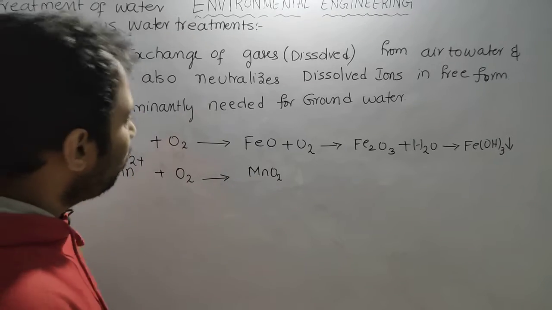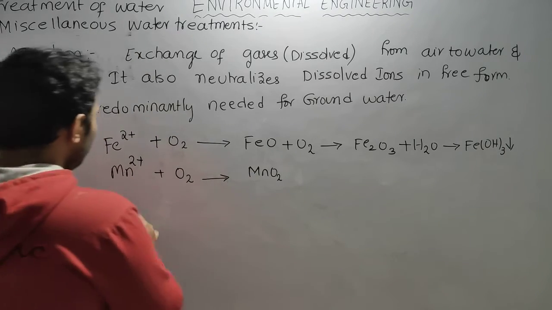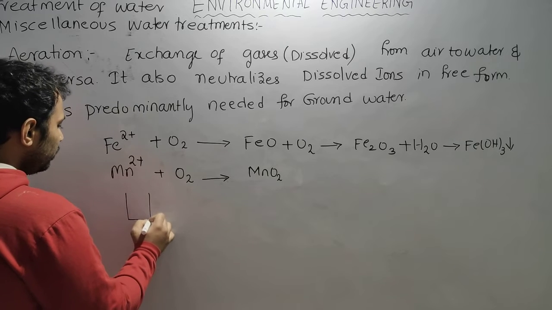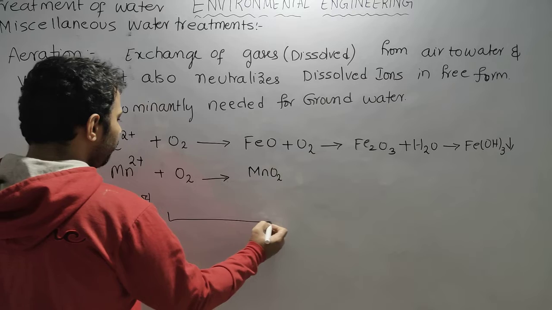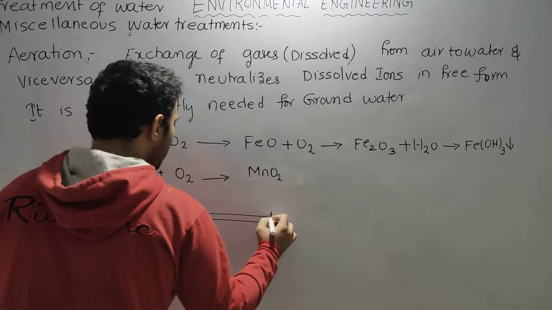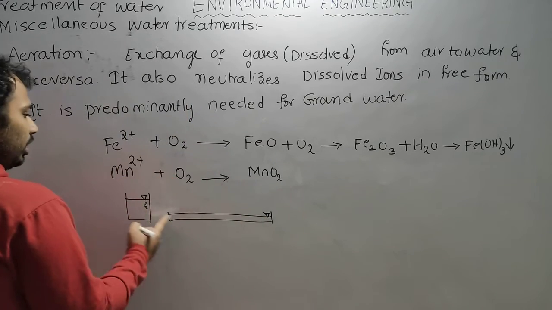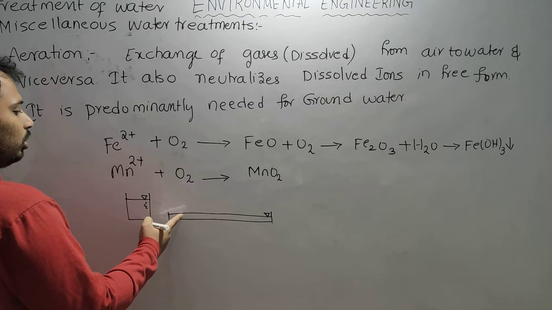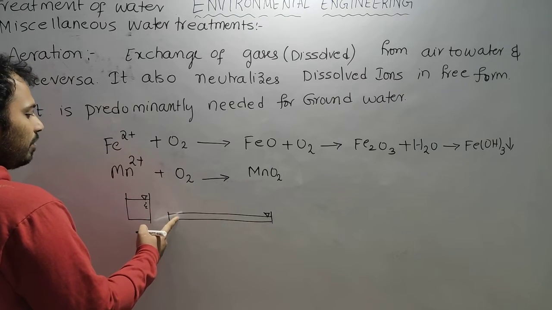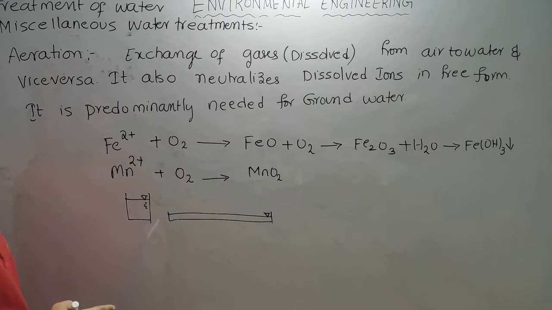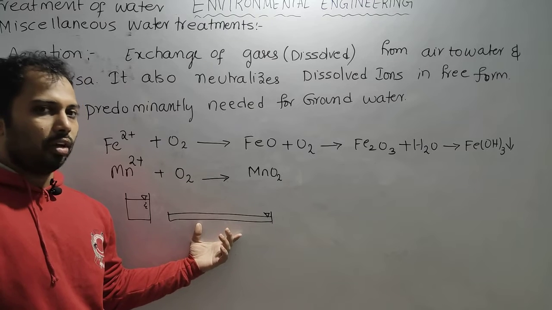For example, if we take a mug of water, this is an amount of water. Now if I take the same amount of water in a flat plate, the amount of water here and here is the same, but here we have more aeration and here less aeration, because here we have more surface area and here less surface area. So aeration is effective when we increase the surface area of the water.